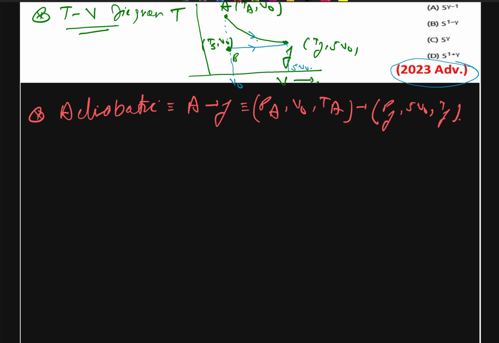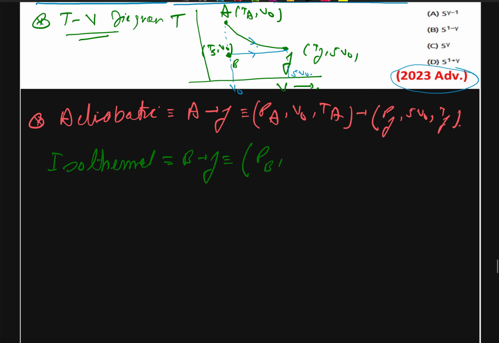And then we have our isothermal. Isothermal is from B to a final, and pressure is our PB and volume is our same and temperature is our TB.